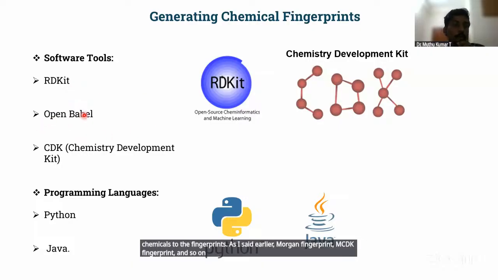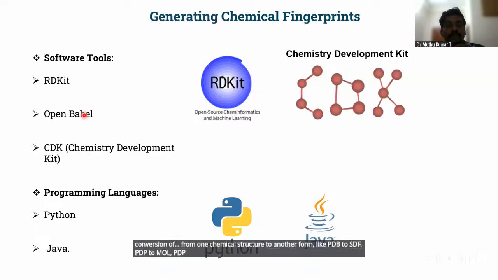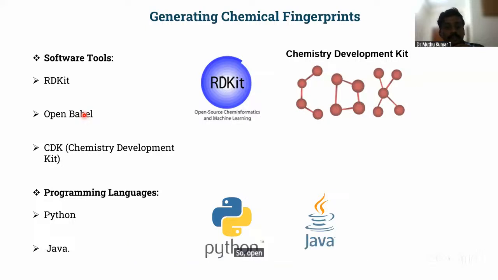Then we have Open Babel. You may know that Open Babel is mostly used for conversion from one chemical structure format to another, like PDB to SDF, PDB to MOL, PDB to MOL2. So Open Babel is used for conversion. It also has a function to generate chemical fingerprints.